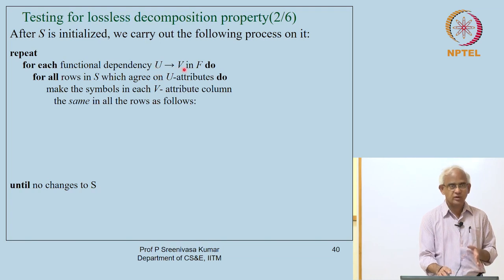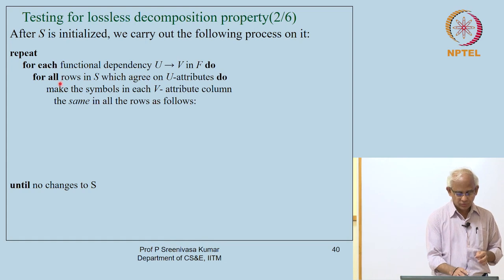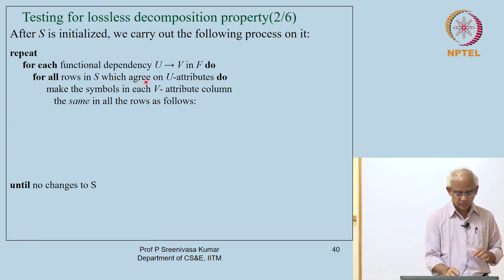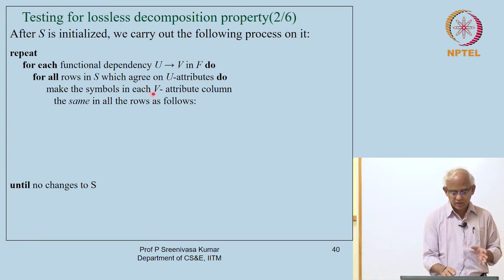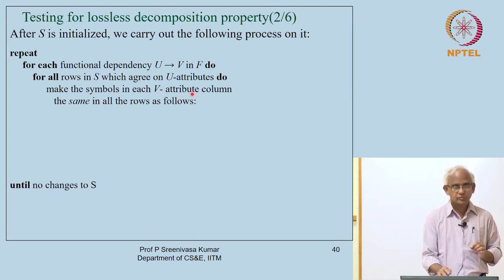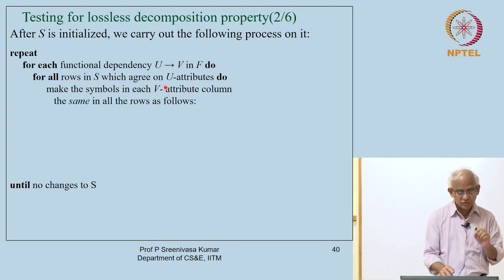U determines V in F. What we will do is, for all rows in this matrix that agree on the left hand side attributes, the U attributes, make the values the same in the right hand side V attribute columns, for each V attribute column, in all those rows.